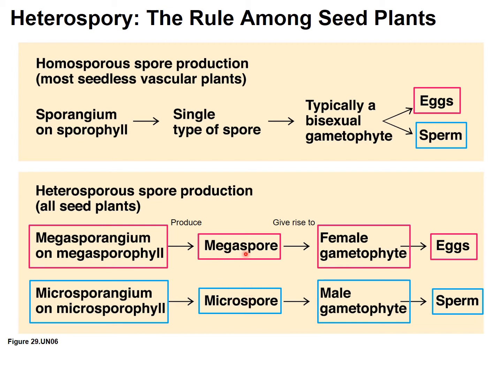The megaspore gives rise to the female gametophyte, which is going to produce the eggs. The microspore gives rise to the male gametophyte and produces the sperm. So you have two totally separate hierarchies of structures which produce both the female and the male structures in order to reproduce.